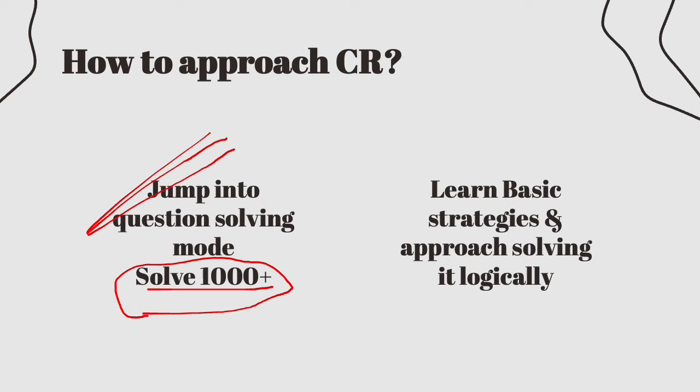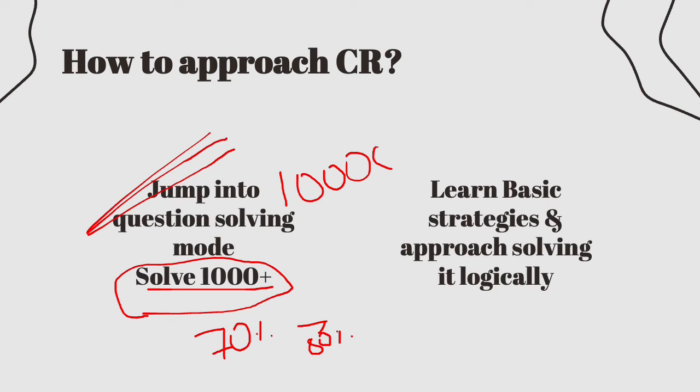Though they are able to solve them, they might get 70% accuracy, and some maybe 80% or 90% accuracy. But that's the limitation of just solving questions. Even if you solve 1,000 or 10,000 questions, that's the limitation that exists here.